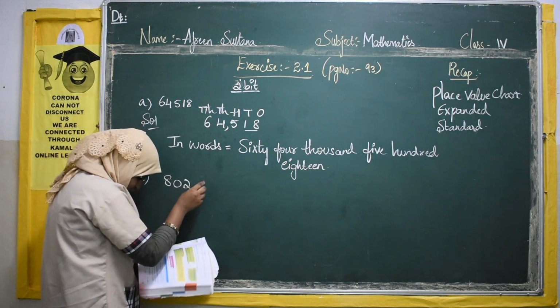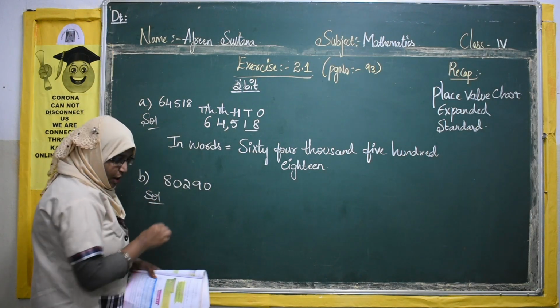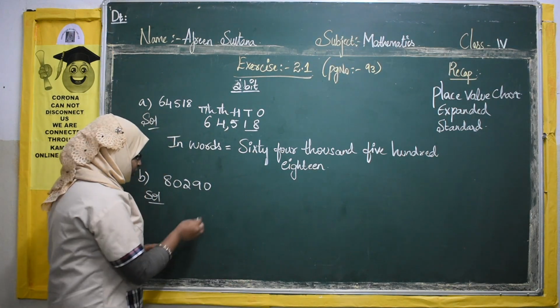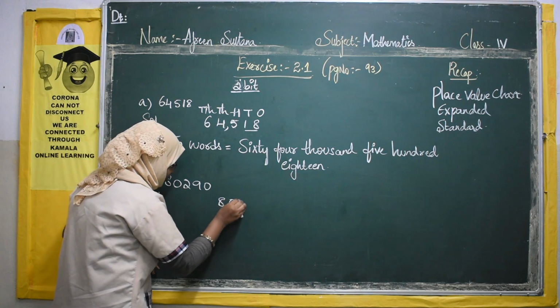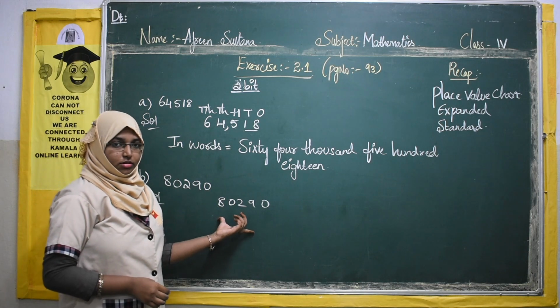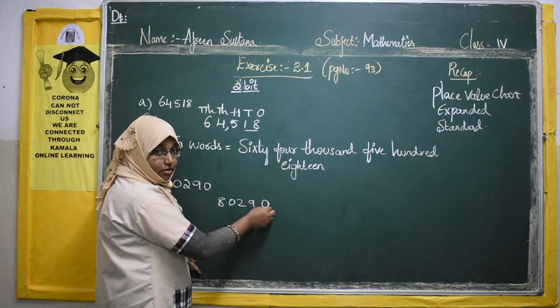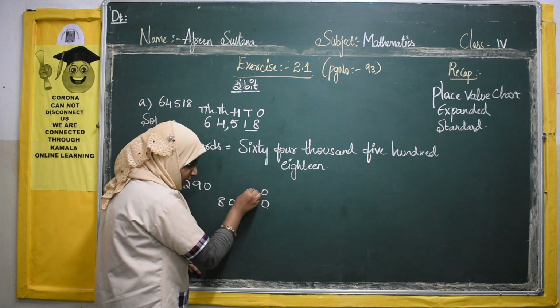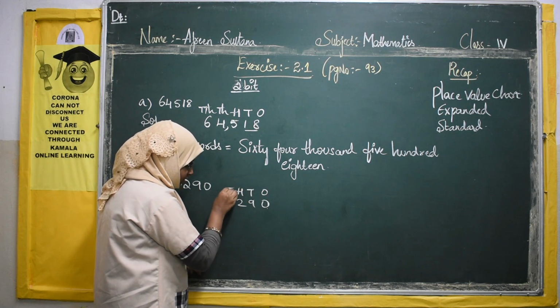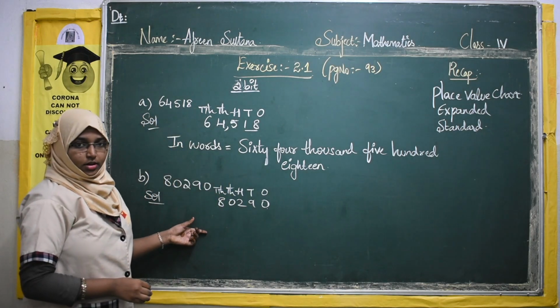The second number is 80290. So what is the first step? First we will write the given number, 80290, right? Next what we will do? We will place the place values, right? Starting from the right. So ones, tens, 100, 1000 and 10,000. Right?